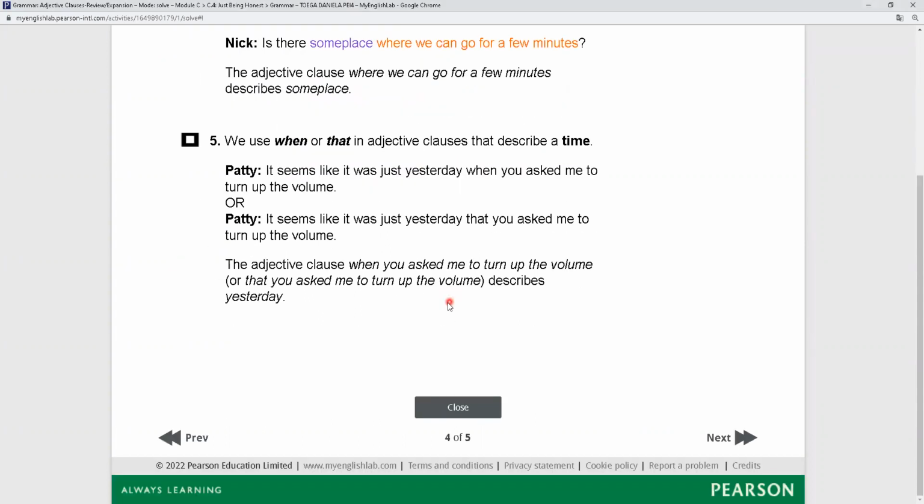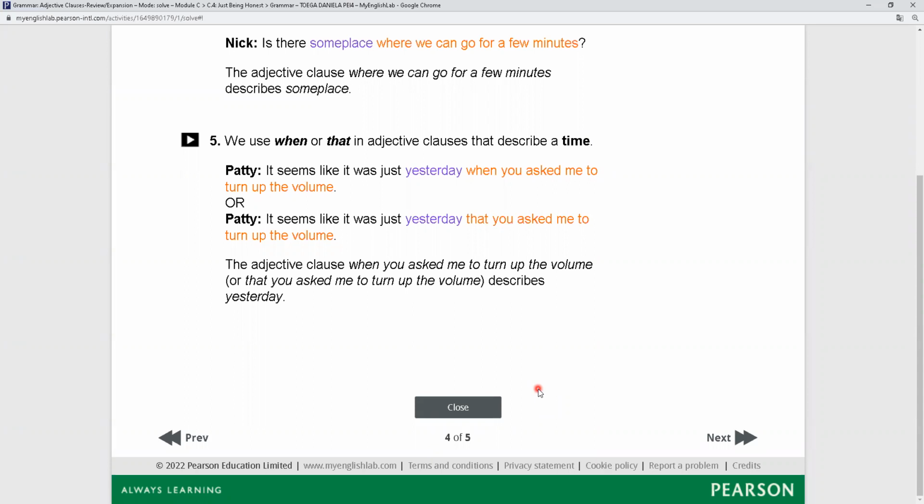We use when or that in adjective clauses that describe a time. It seems like it was just yesterday when you asked me to turn up the volume. Or, it seems like it was just yesterday that you asked me to turn up the volume. The adjective clause when you asked me to turn up the volume, or that you asked me to turn up the volume, describes yesterday.